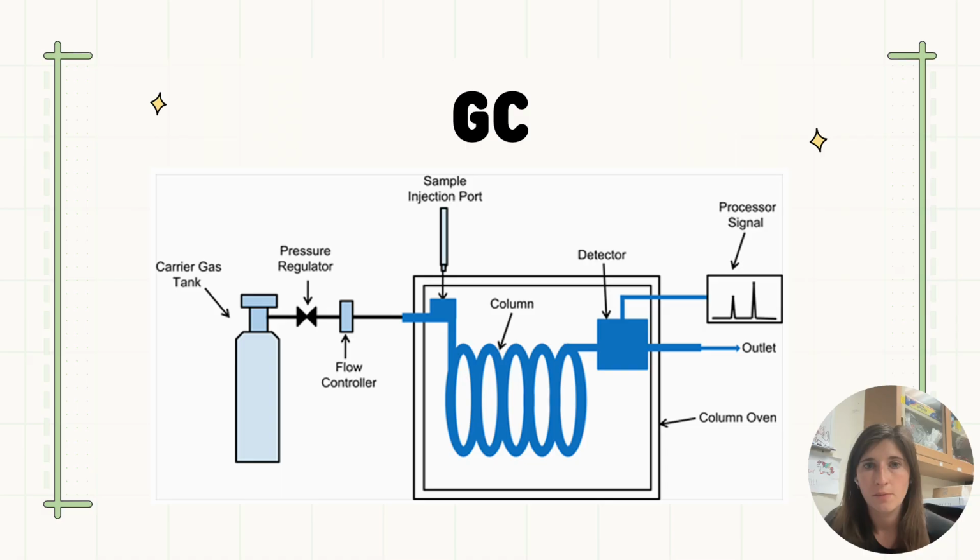The GC columns are going to be made out of steel, and they're going to contain a stationary phase, which is going to be a solid or a liquid. Sorry, it's either going to be a solid, such as gas solid chromatography, or a liquid, such as gas liquid chromatography, which is used for partitioning.